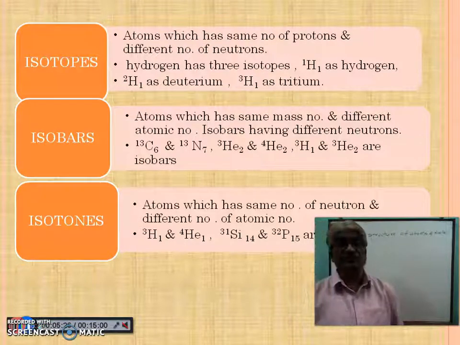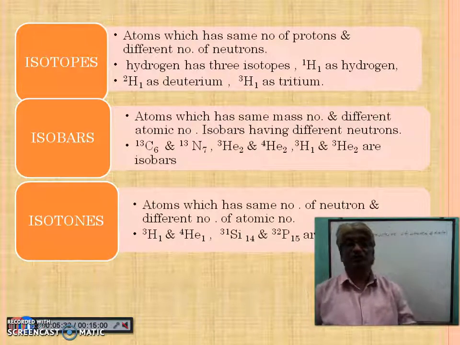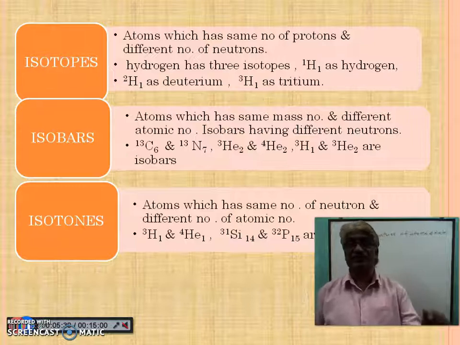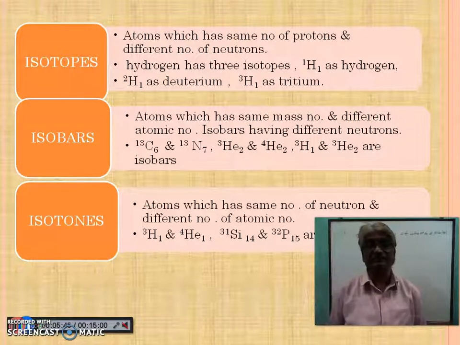In these examples, if 14 is subtracted from 31, the answer will be 17.